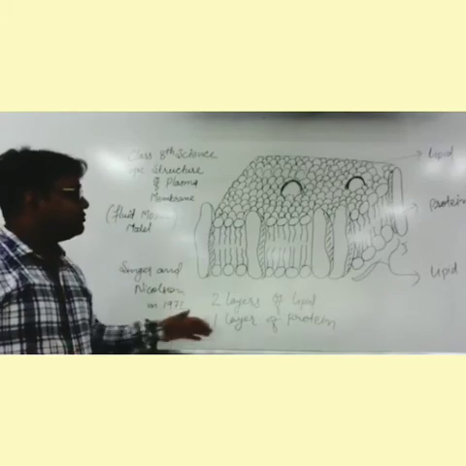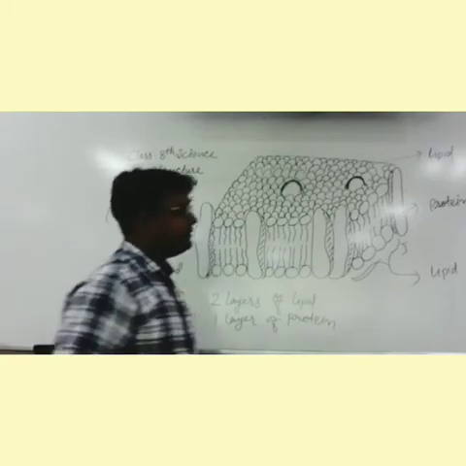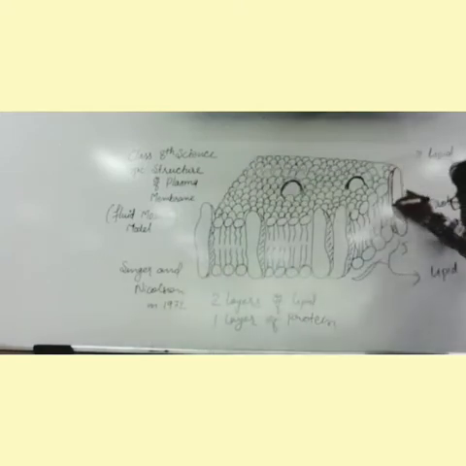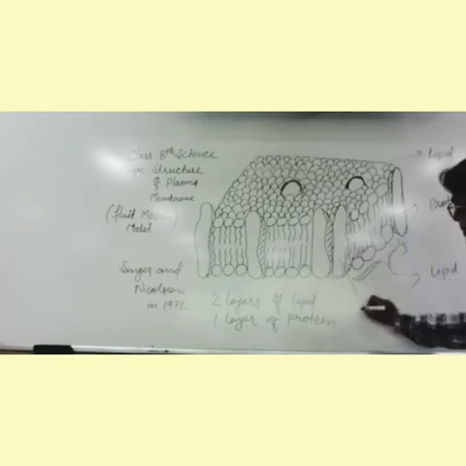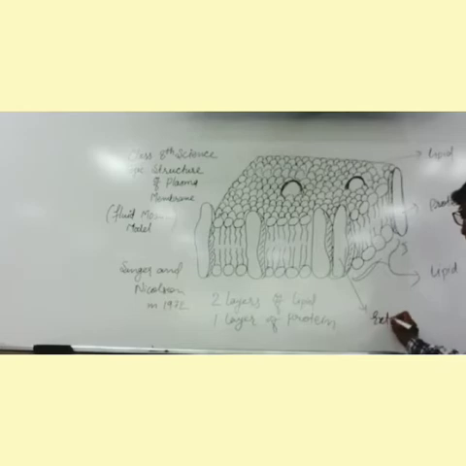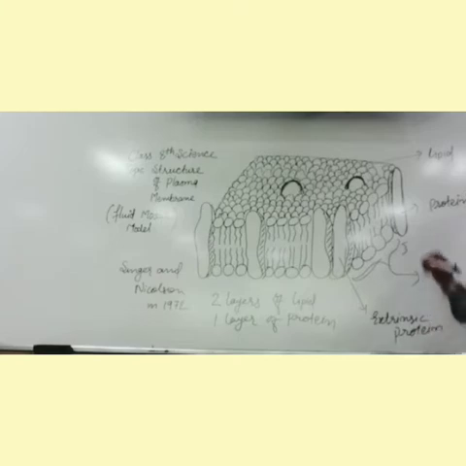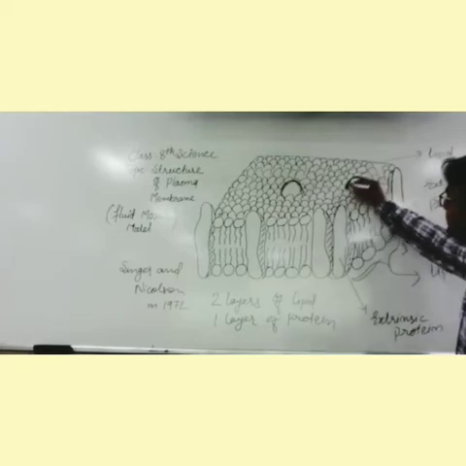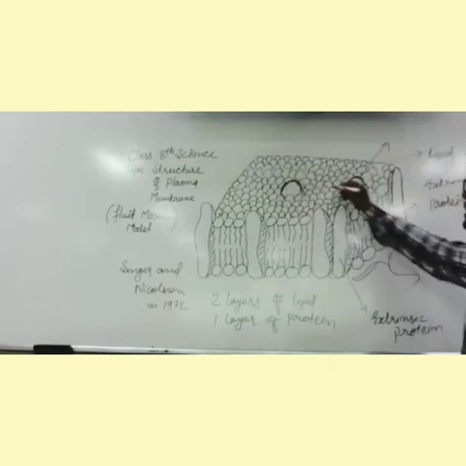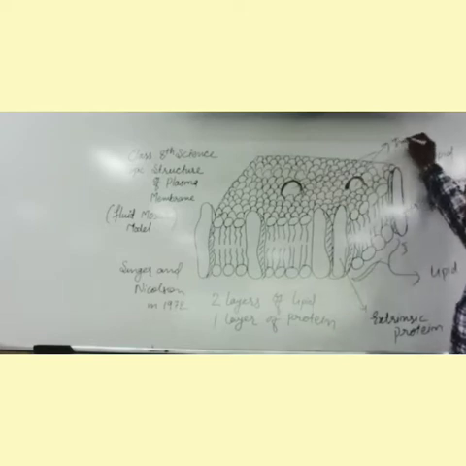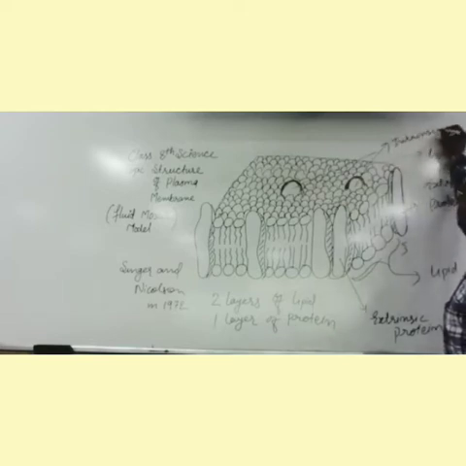Students, there are two kinds of proteins. The protein available at the periphery is called extrinsic protein, and here you are finding this is also extrinsic protein. And the protein in the middle part of the layers is called intrinsic protein.